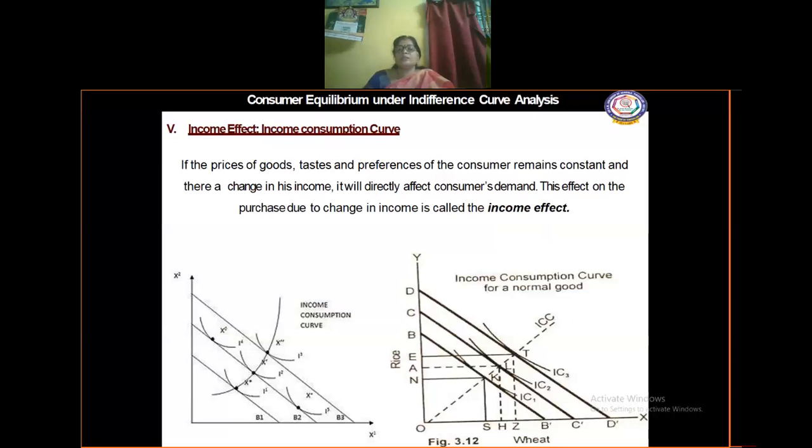You can see that the price line or the income line is equal to the IC tangent, should be the equal position, and it is a comfortable position that the rational consumer prefers. Thank you.